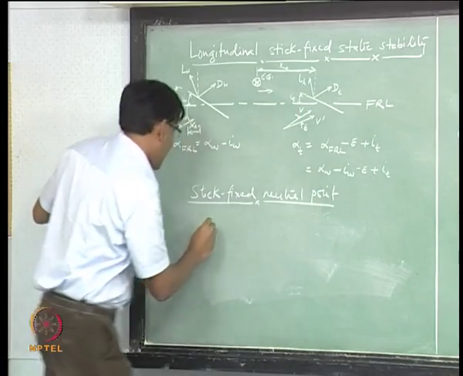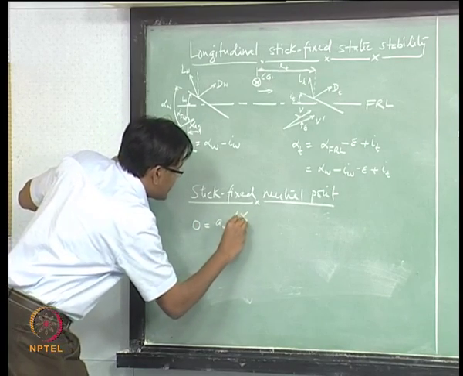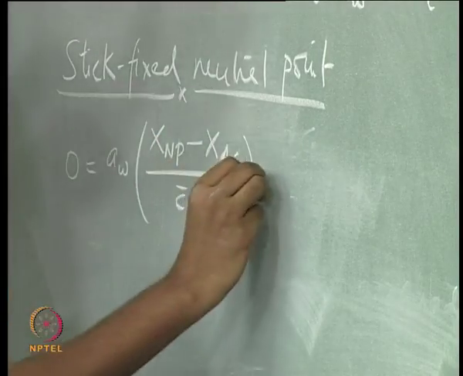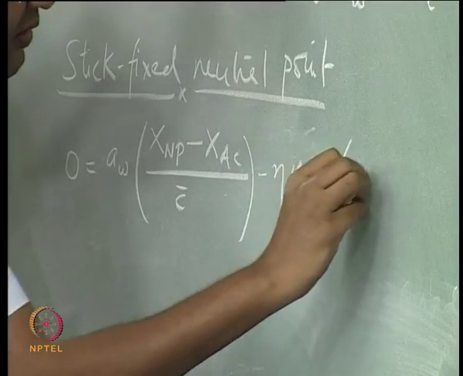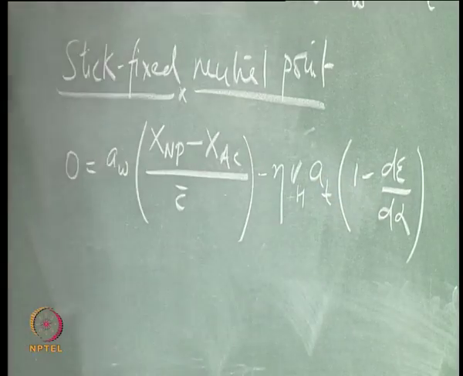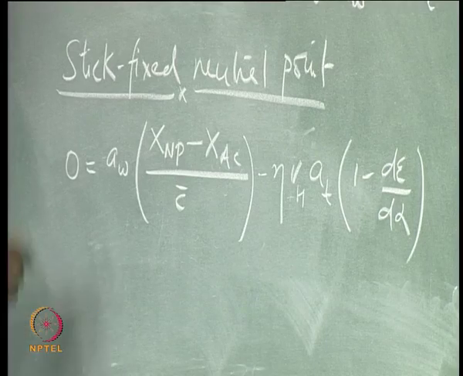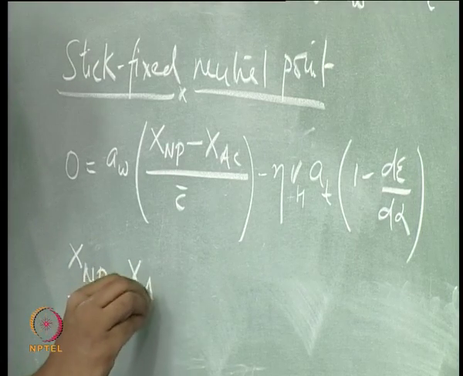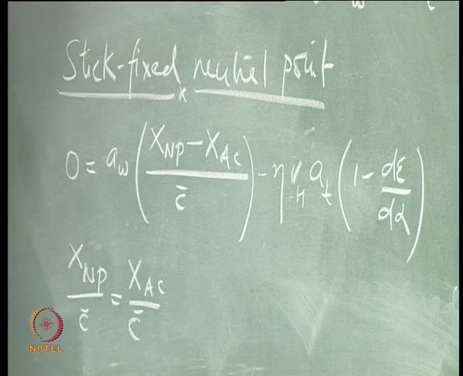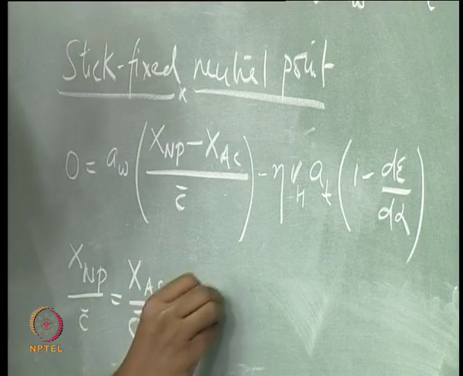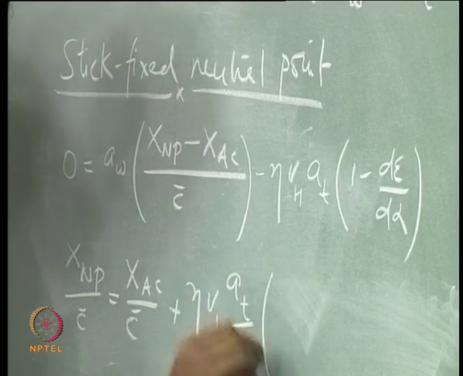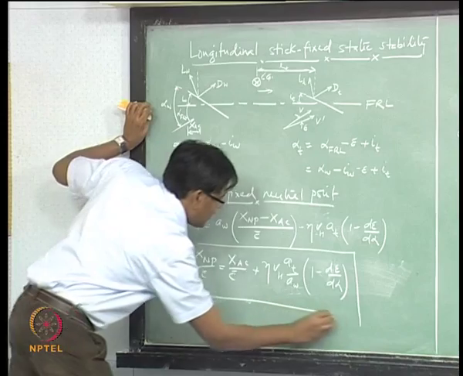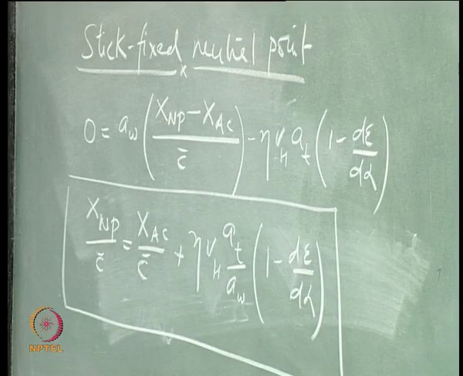So, this Cm alpha is 0, and that is the point when CG becomes the location of the neutral point when Cm alpha becomes 0.